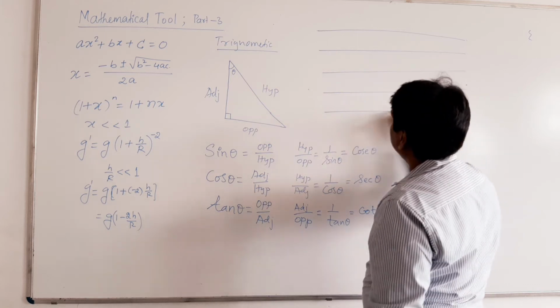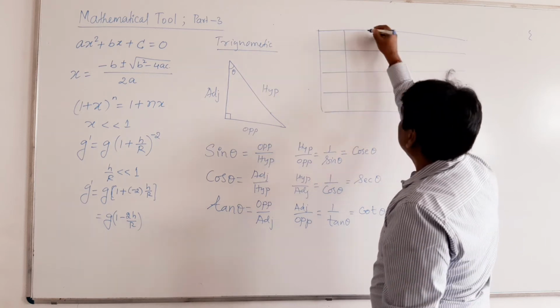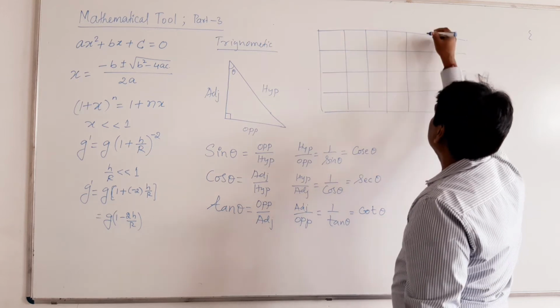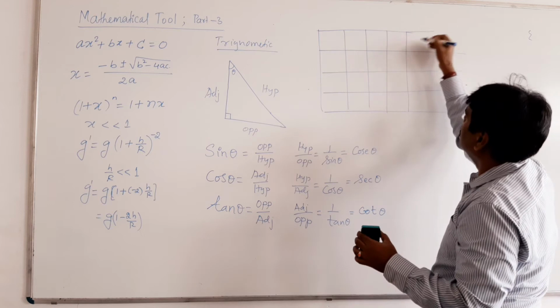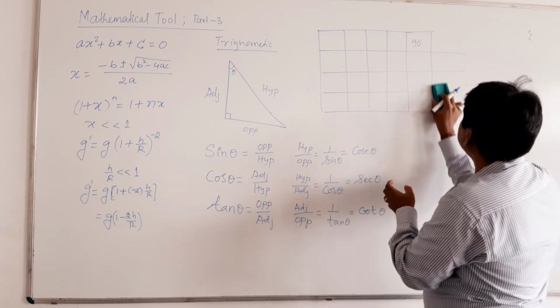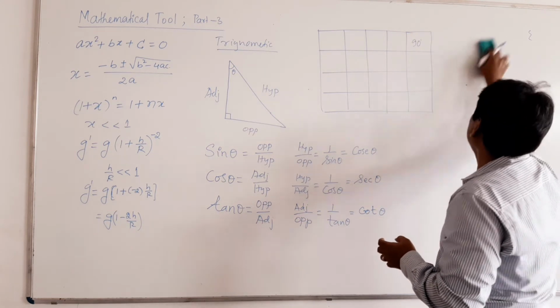One column is sin theta, another is cos theta, for 0 degree, 30 degree, 60 degree, and next 90 degree. This table is very important. You have to remember all the values.